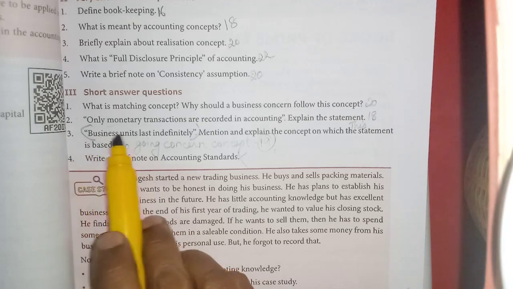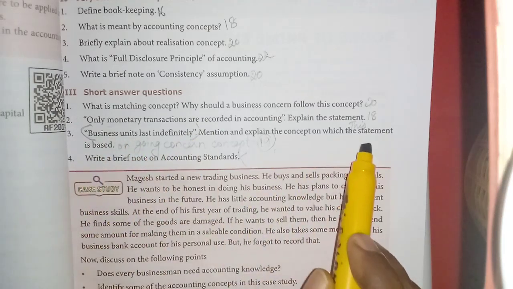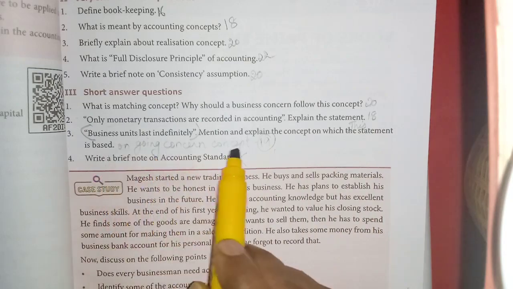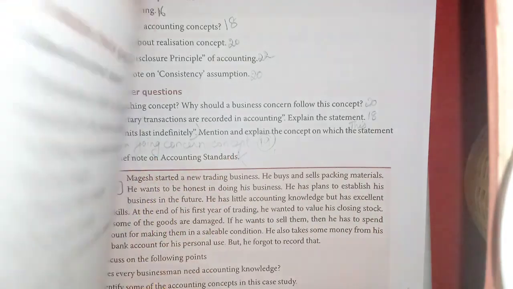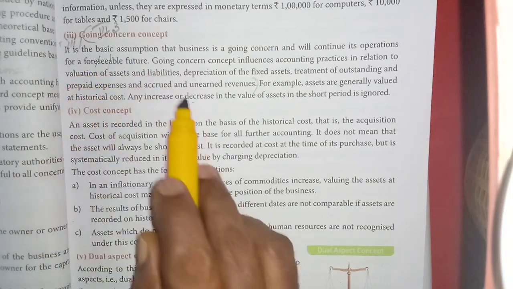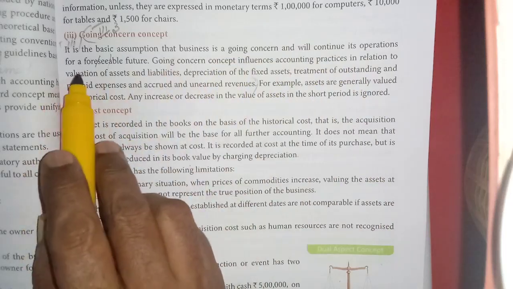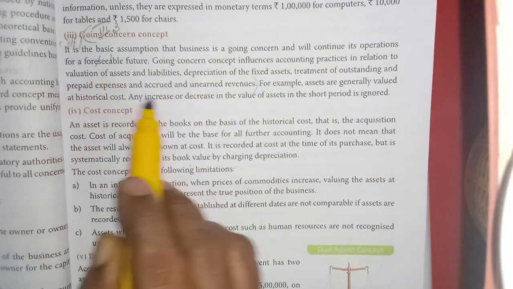So you have to write this first: Business units last indefinitely. Then you should write: This statement is based on the going concern concept. Then you have to write this one. It is the basic assumption that business is a going concern and it will continue its operations for the foreseeable future.